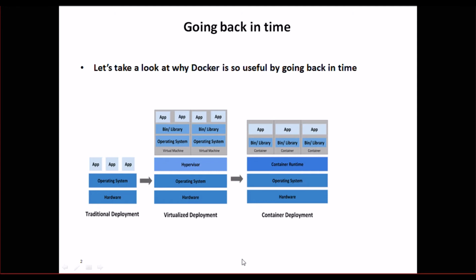So what was happening in the virtualized environment? We have hardware, and on top of that hardware we have a hypervisor, and on top of that hypervisor we have different virtual machines. What was the benefit of using the hypervisor, I mean the virtualized environment? Now the virtual machines are separate from each other.